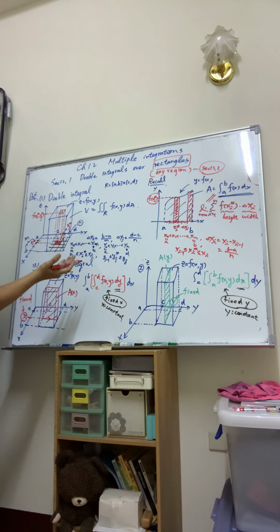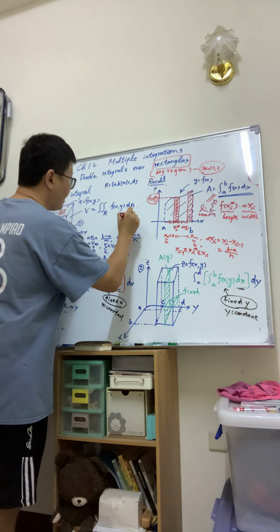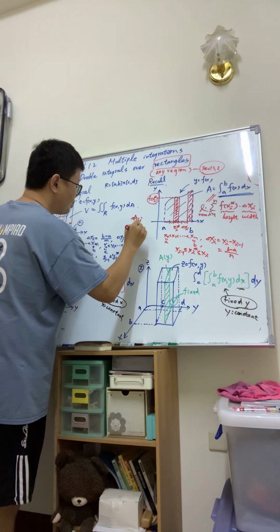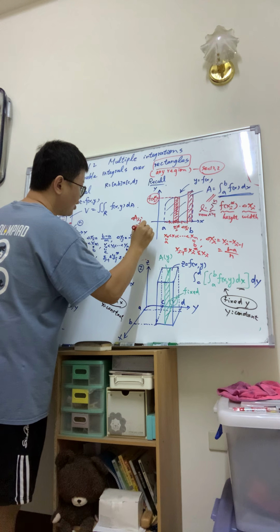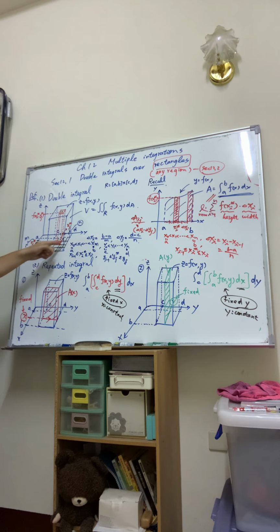So this part is the area, and we multiply by the height. So we have the area of a rectangle here, and for the rectangle we consider volume.